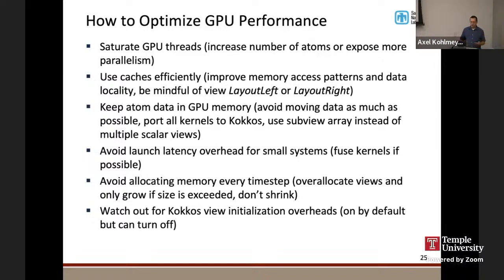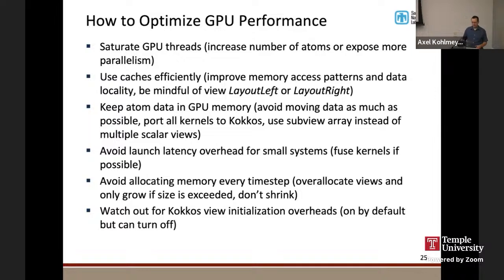And so if you only have 10 atoms, then your loop is over 10 atoms, and you're only going to be using about 10 threads, right? There's no way that's going to saturate the GPU. You need, on the order of maybe 500,000 or so atoms if you just have flat parallelism to saturate the GPU.